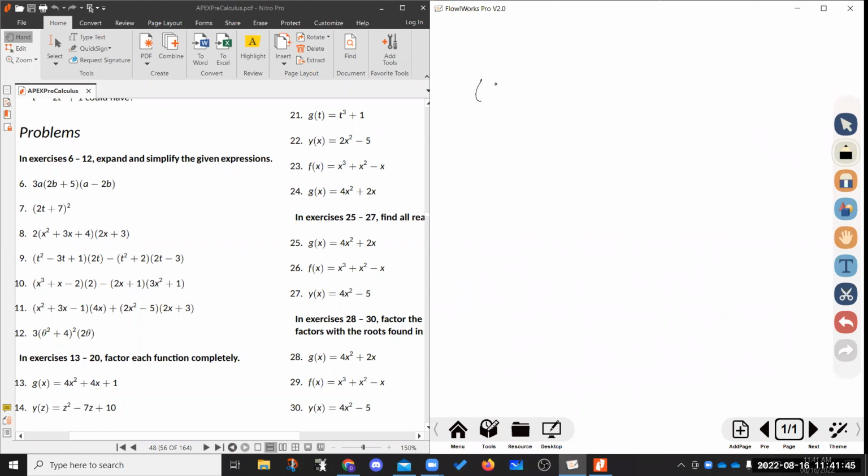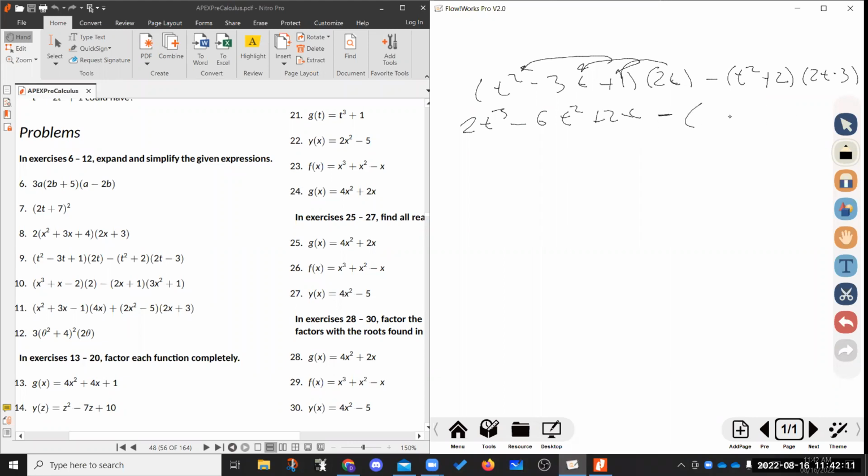Number 9. t squared minus 3t plus 1 times 2t minus t squared plus 2 times 2t minus 3. So we're going to have to multiply it this way, distribute. This is 2t to the third minus 6t squared plus 2t. We're going to have to subtract, and then this is going to be 2t to the third minus 3t squared plus 4t minus 6.